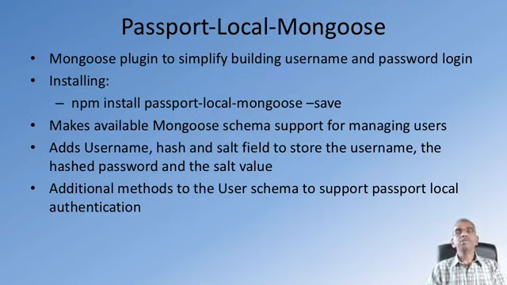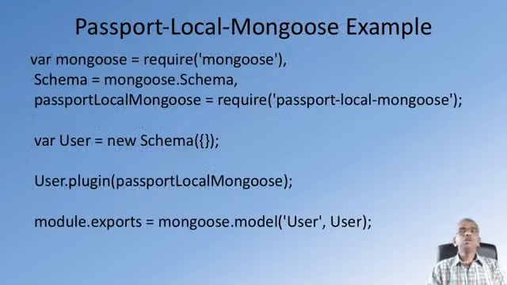In addition, Passport Local Mongoose also adds in additional methods that are very useful for configuring the Passport Local strategy. Within our application, when we define the user schema and the model, we will import Passport Local Mongoose and then add it in as a plugin for the user schema.